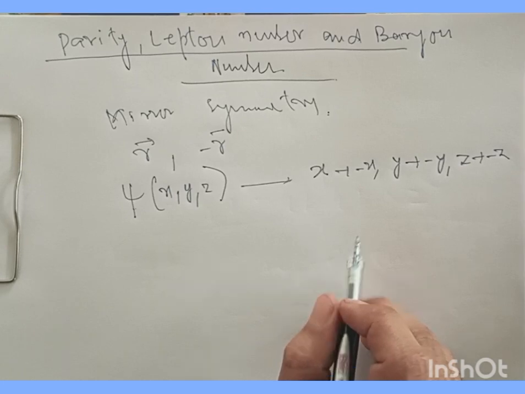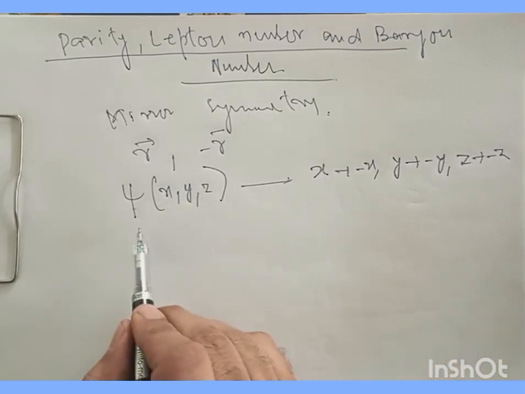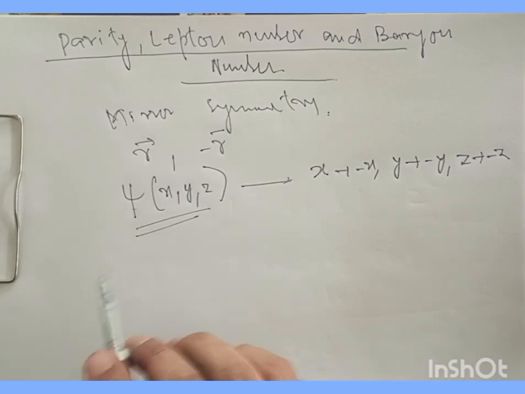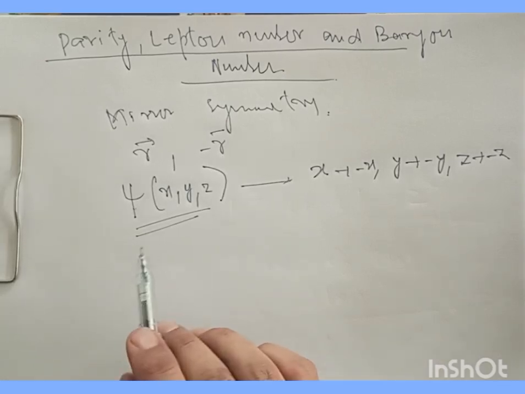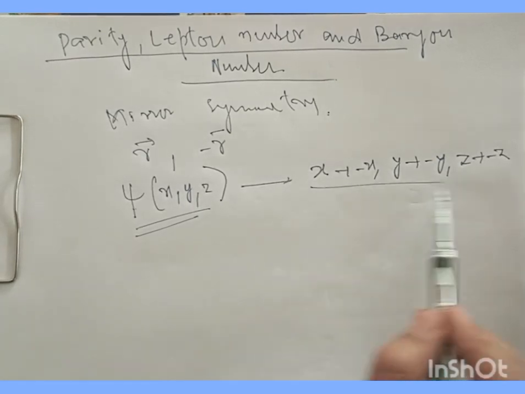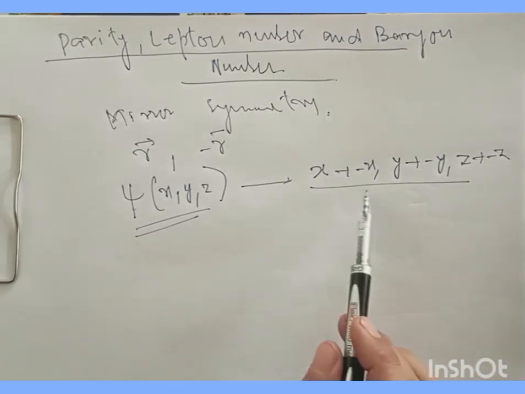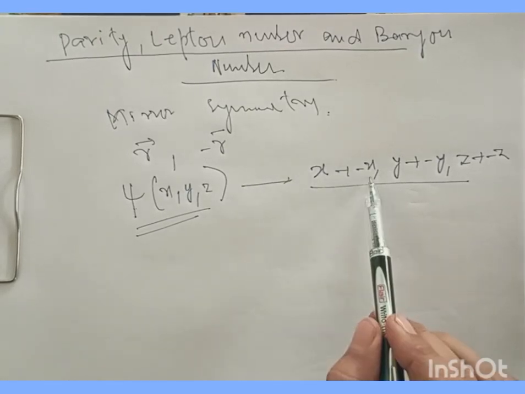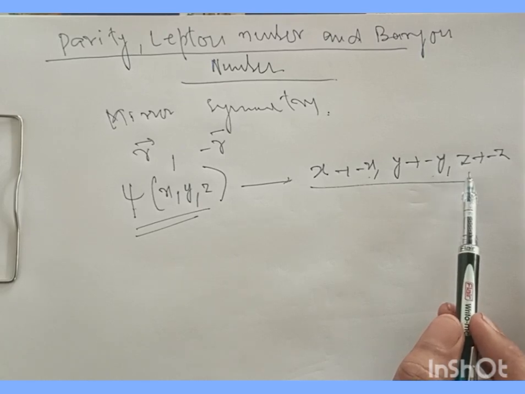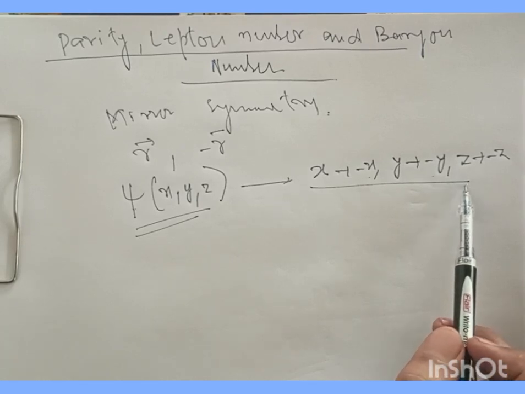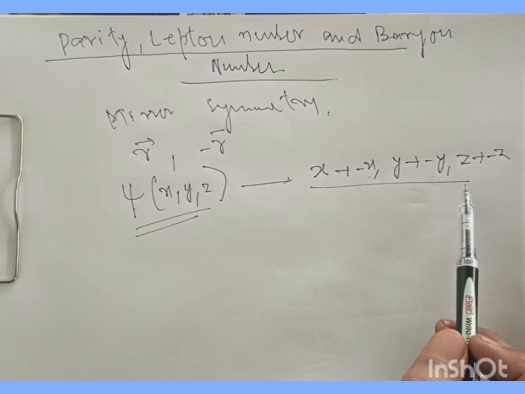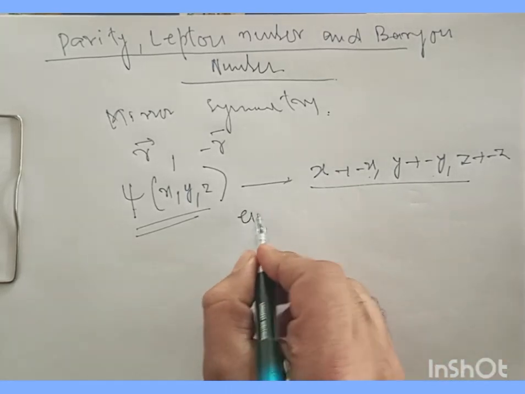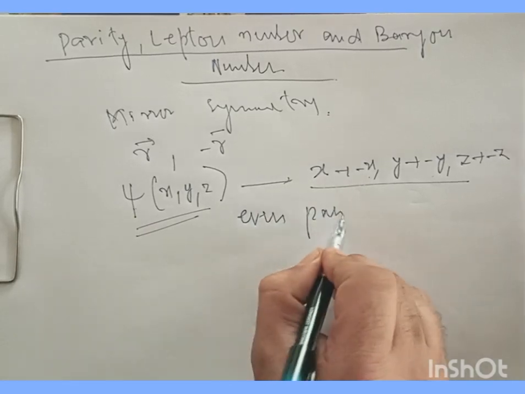Now if the sign of the particle wave function, suppose we have a wave function psi of x, y, and z, does not change after the reflection of space, that we demonstrate by replacing x by minus x, y by minus y, and z by minus z, then we say that the wave function has even parity.